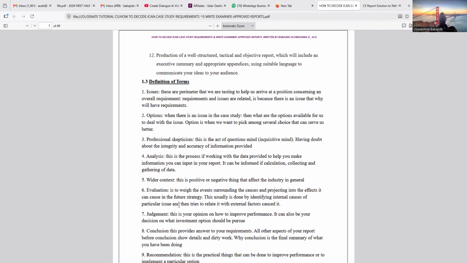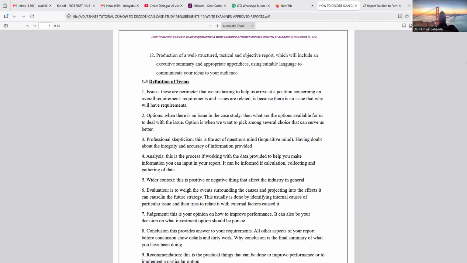So you do a lot of calculation in your appendix, and you bring the end result to your report. Maybe, for example, you get 20%, you get 30%, you get a positive NPV. All these end results are what you bring into your report, and then you write your report on it. You are able to use all this through your analysis.